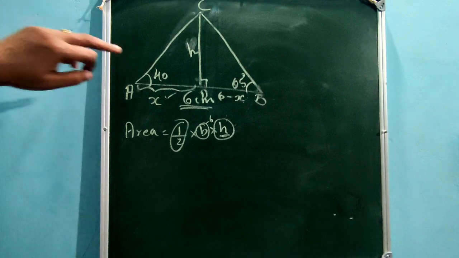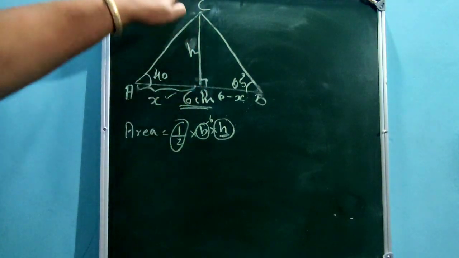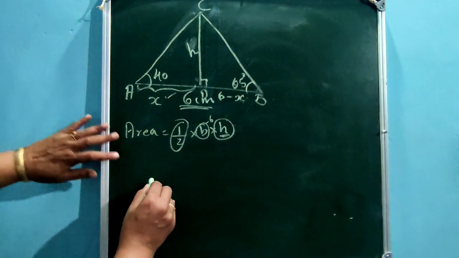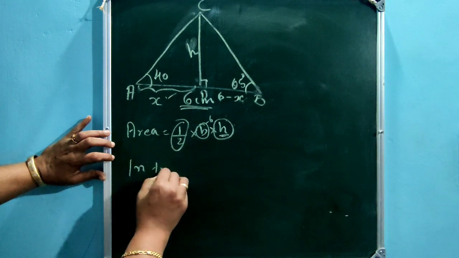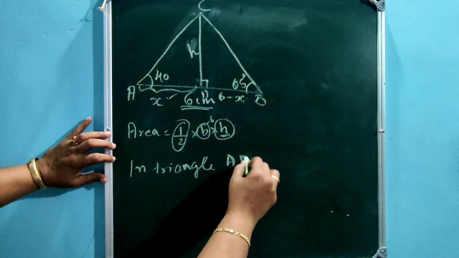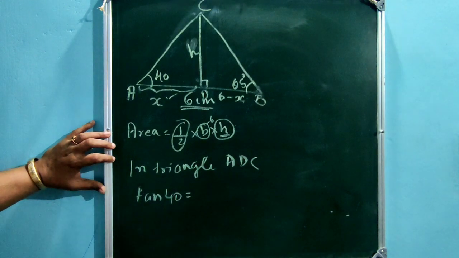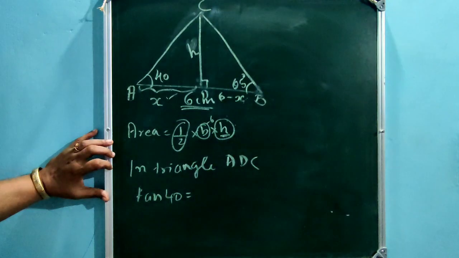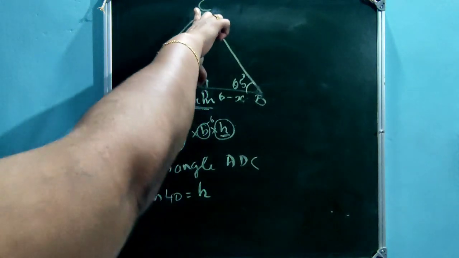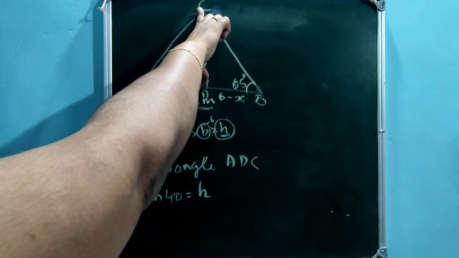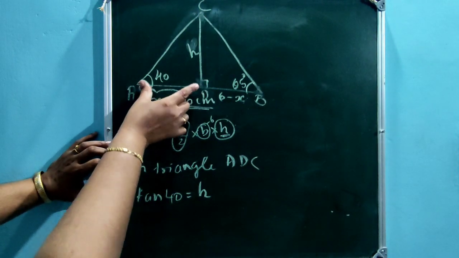Then if we consider the triangle ADC, how do we find h? Which ratio is used here? Tan ratio, right? So in triangle ADC, what is tan 40? Tan 40 is equal to opposite side by adjacent side. Opposite side is h and adjacent side is x.